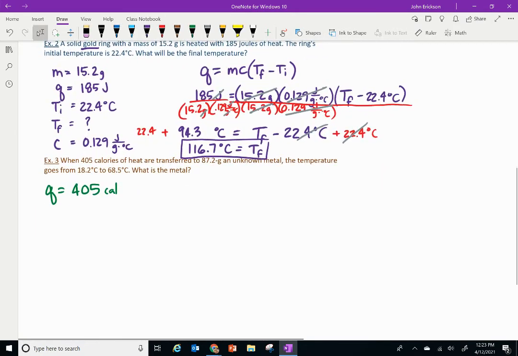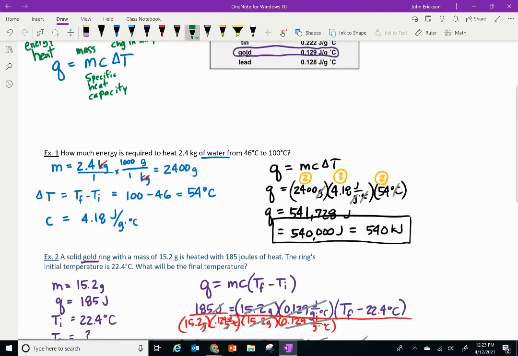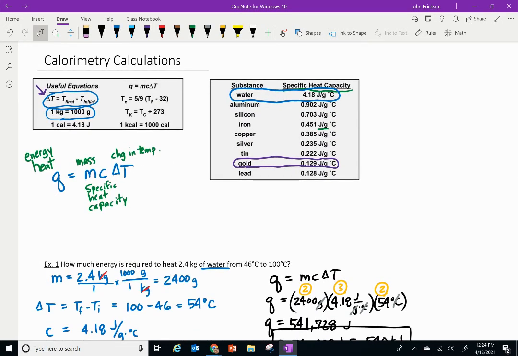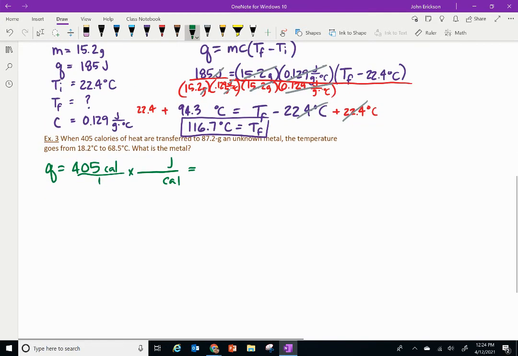So there's a conversion that I like to do right off the bat here that turns calories into joules. If you've forgotten the conversion factors, you can always look those up. It says that a calorie is 4.18 joules. 1 calorie, 4.18 joules.